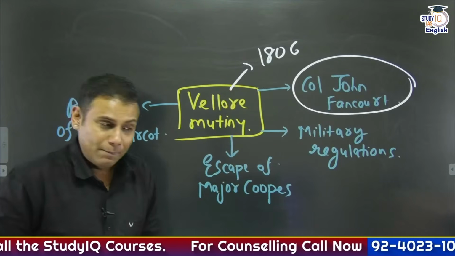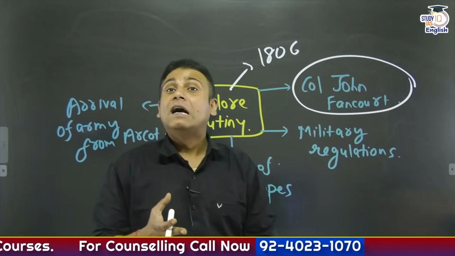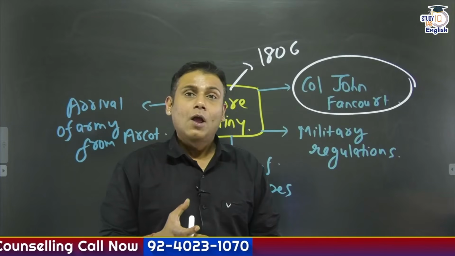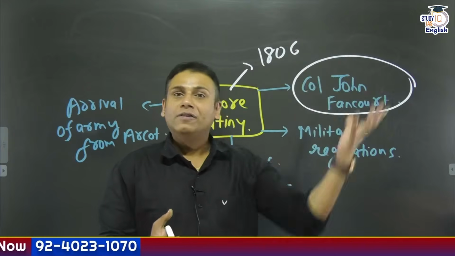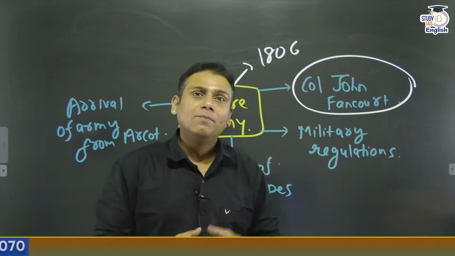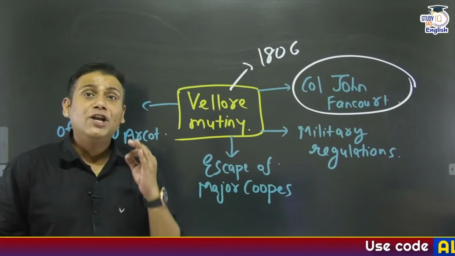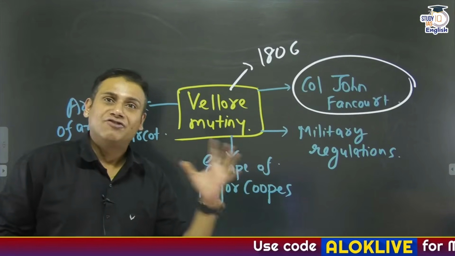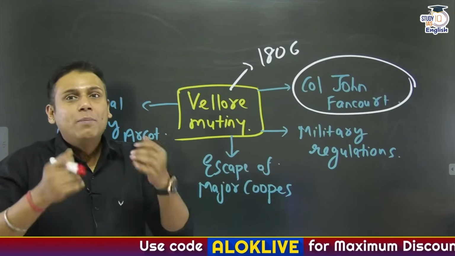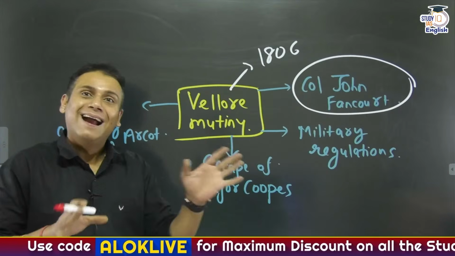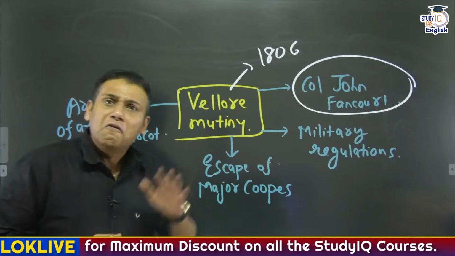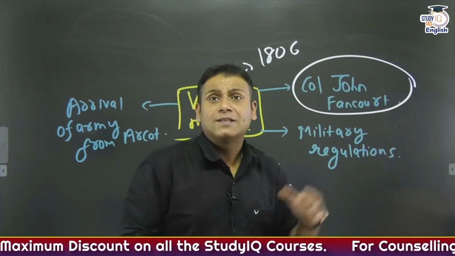For example, Hindus cannot apply caste marks. Muslims cannot wear the holy cap or the turban. Apart from this, everyone compulsorily needs to shave their chin and mustaches. So the soldiers at that time were feeling that forcefully they are getting Christianized.